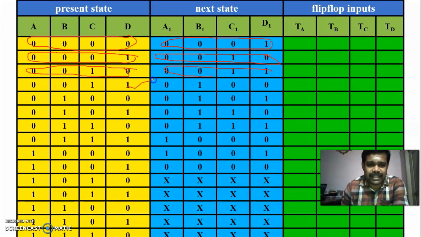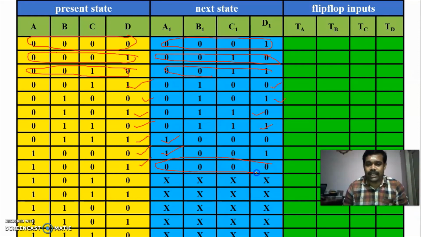If 3 is a present state, next state is 4. If 4 is a present state, next state is 5. If 5 is a present state, next state is 6. If 6 is a present state, next state is 7. If 7 is a present state, then next state is 8. If 8 is a present state, then next state is 9. If 9 is a present state, next state is 0.